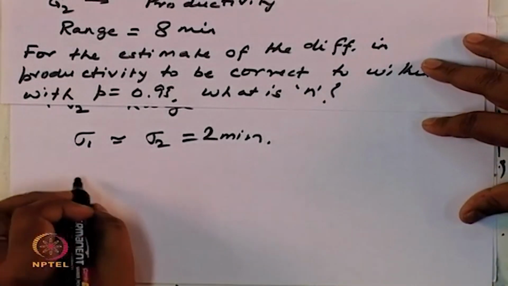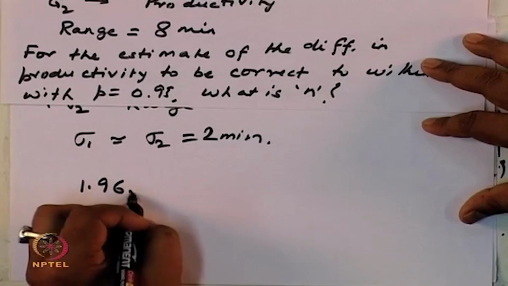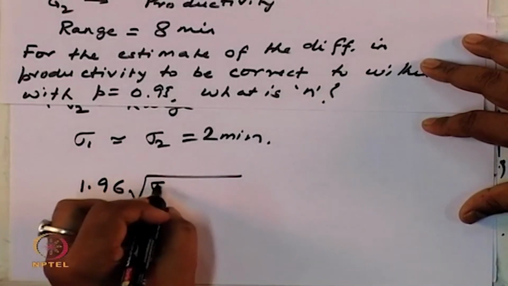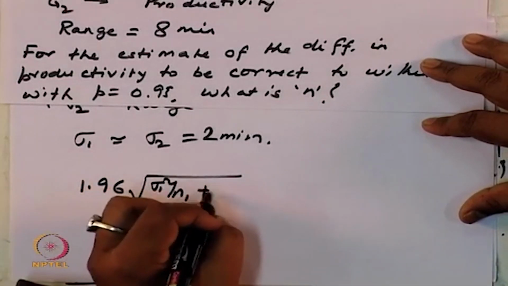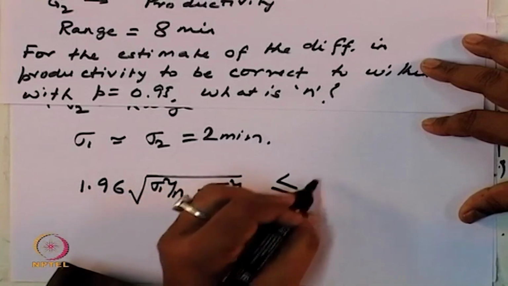So, the difference in productivity is given by 1.96 times the standard error, and this is less or equal to 1 minute.